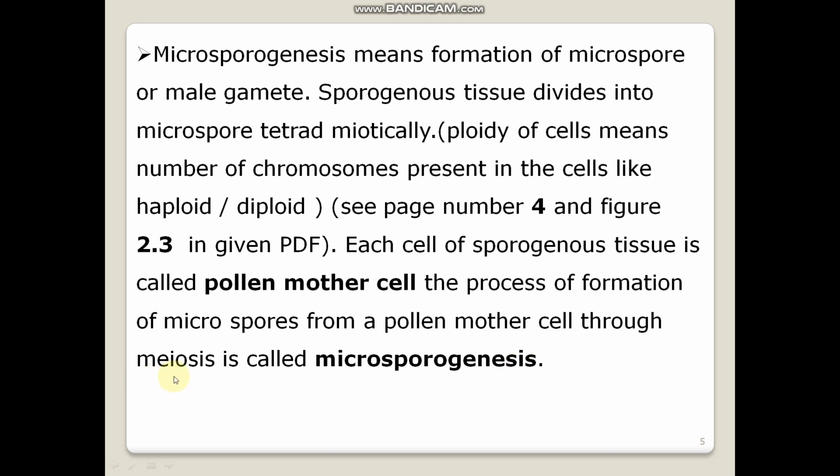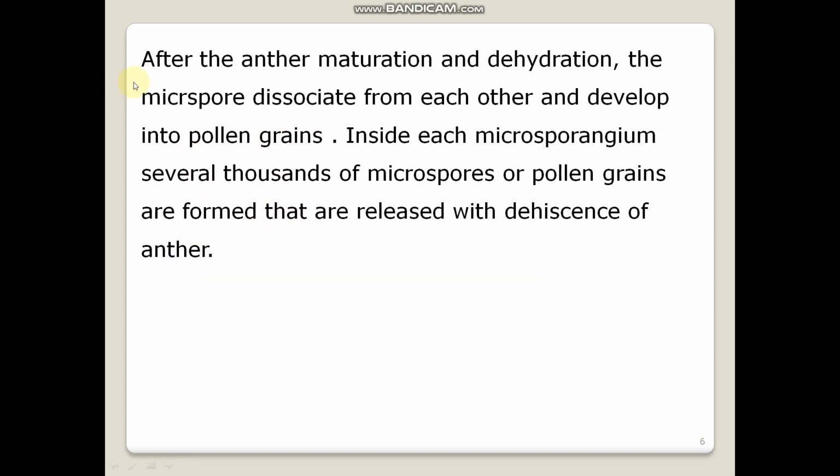You know, meiosis means four cells are formed. That's why a tetrad is formed here. Clear? So after maturation and dehydration of the anther, obviously it will dry, the microspores dissociate from each other and develop into pollen grains.